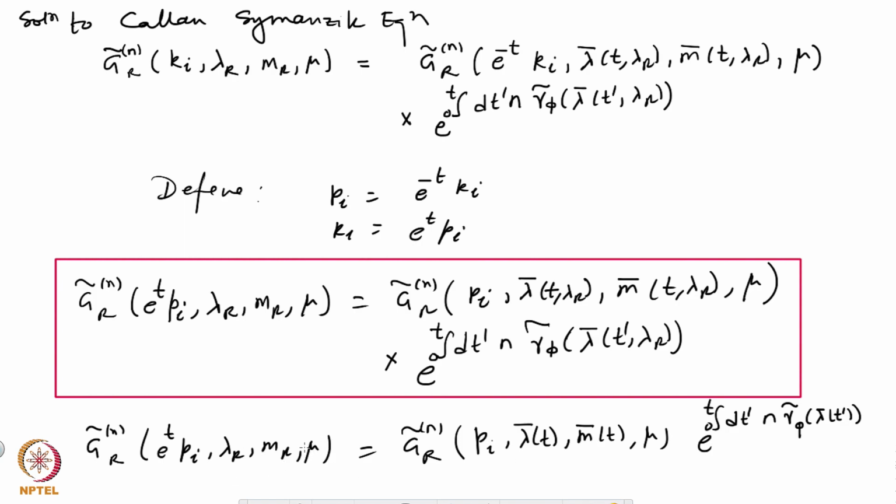There is nothing you can do to change them, but in terms of λ̄ and m̄, which are a function of t now. Now, depending on what the value of t is, or equivalently how much you have scaled the external momenta, these λ̄ and m̄ will take some value. For different values of t, these will have different values because these are functions of t. And this might be useful.